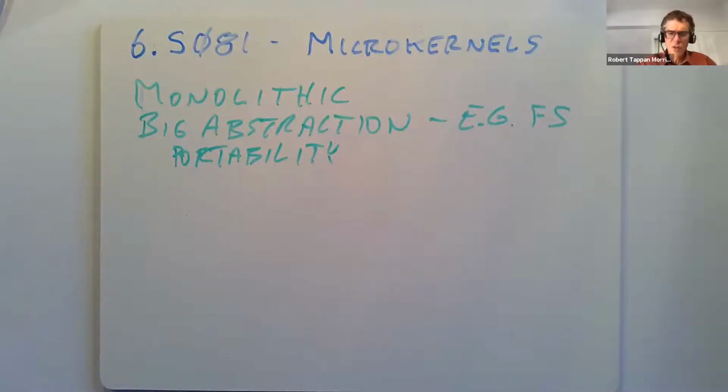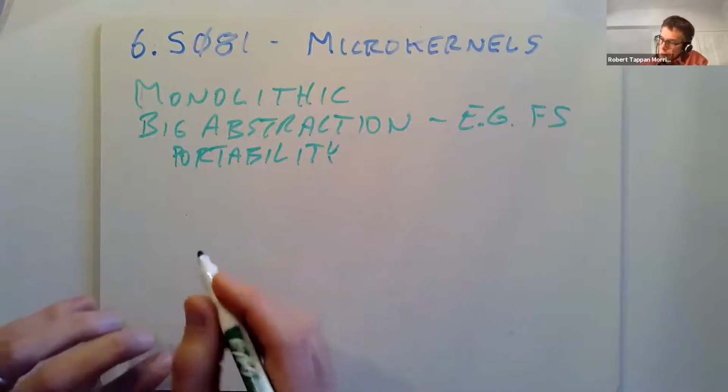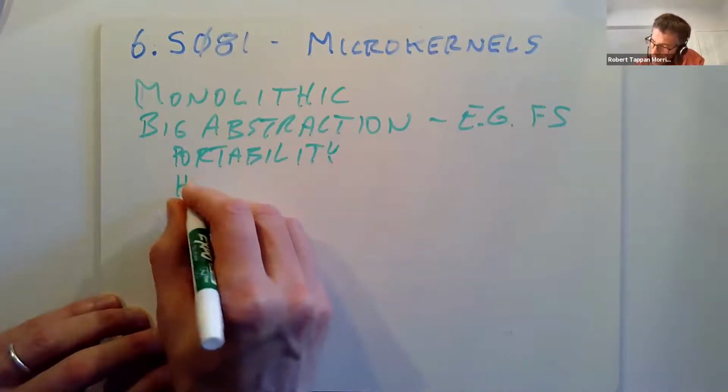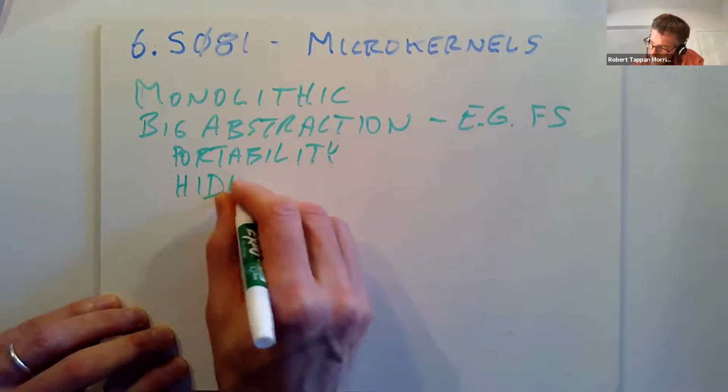Another example of this is that Linux provides an address space abstraction rather than providing direct access to the MMU hardware. And that's useful for portability and to hide complexity from applications. So another big advantage of these powerful abstractions is that they tend to hide complexity from applications.